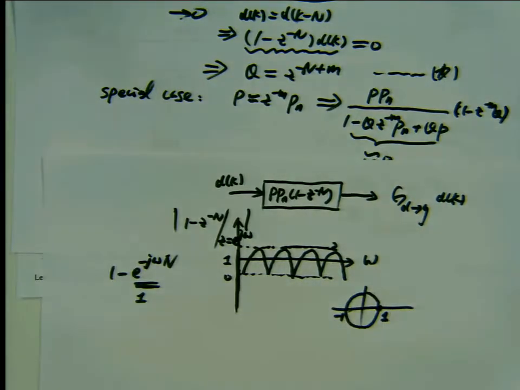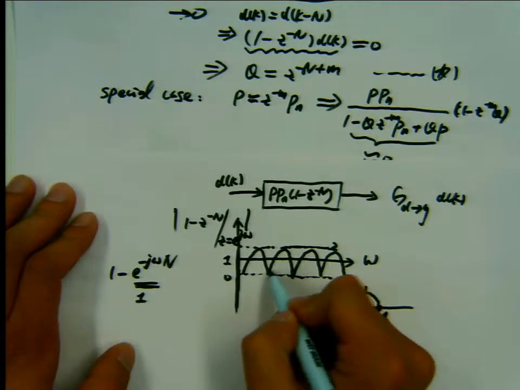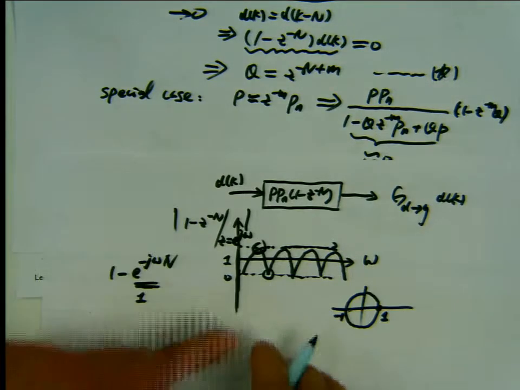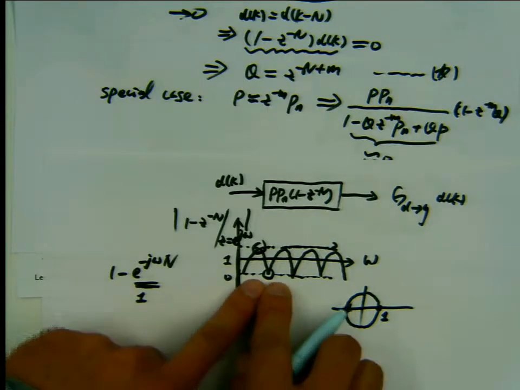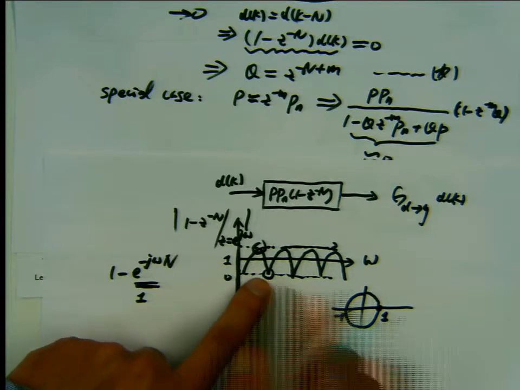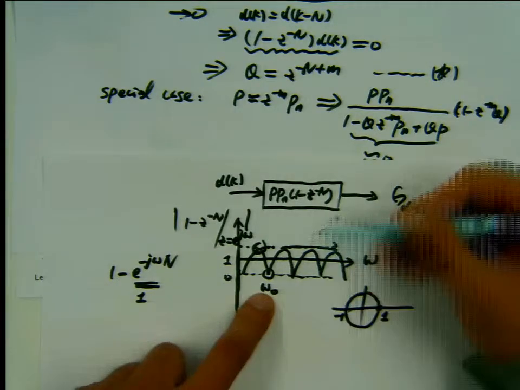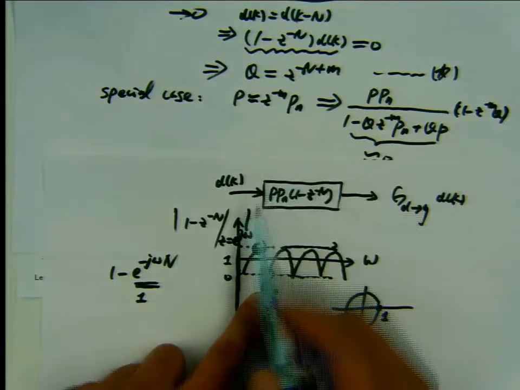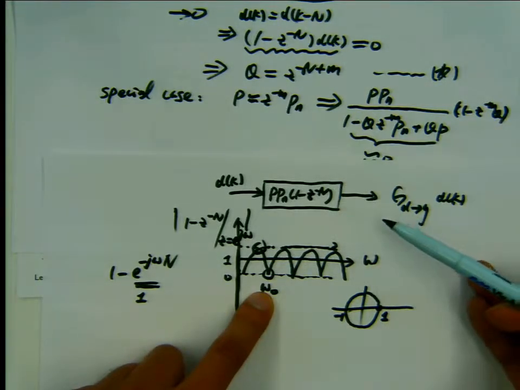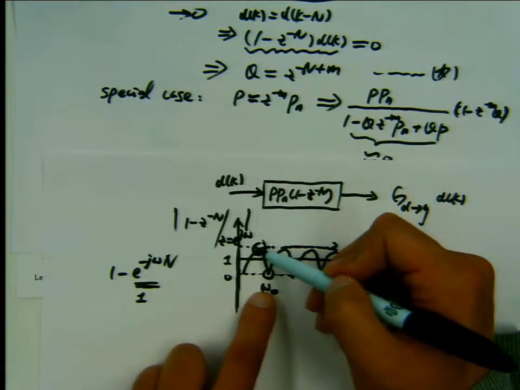So if you do this in MATLAB, this is what will happen. The important things you have already seen. We have some places where the magnitude is 0, and some other places where the magnitude is 2. What does it physically mean if I have 0 magnitude over here? That means at this frequency, let me call it omega 0, whatever disturbance component is at this frequency will be rejected, right? What will happen for the disturbance signals at this other frequency?